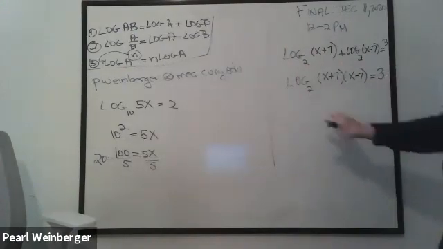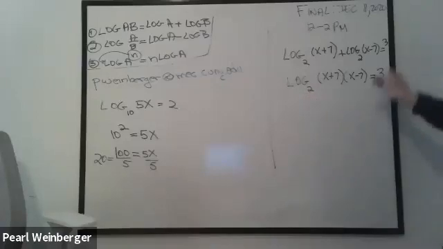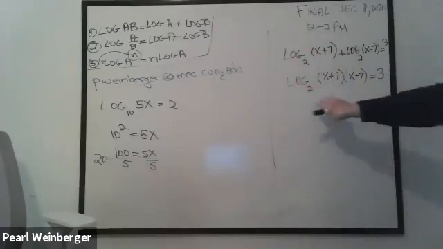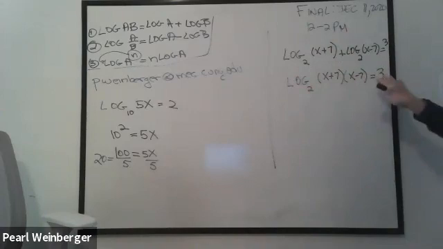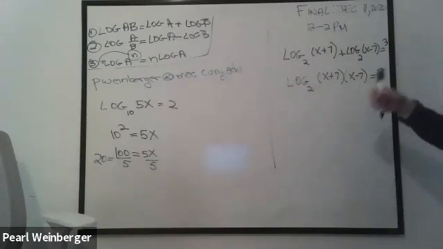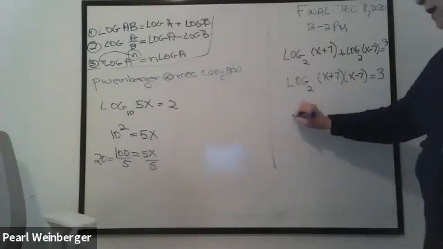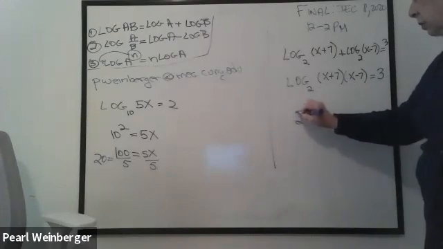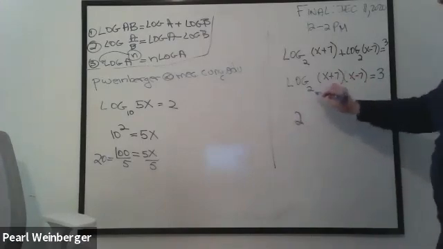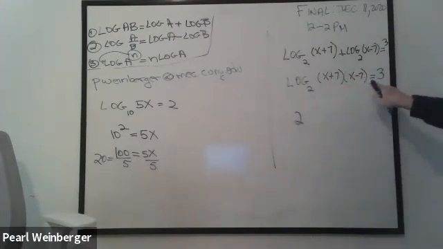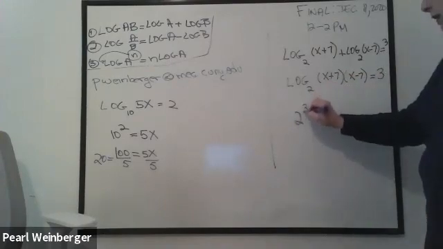Now, the advantage of doing this is now that I've contracted this to a single log, I have a log on one side, a number on the other side. I can now go to my exponential form where my base is 2. My exponent is the number on the other side of the equal sign, that's 3.